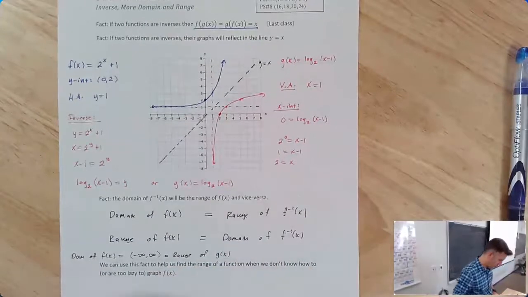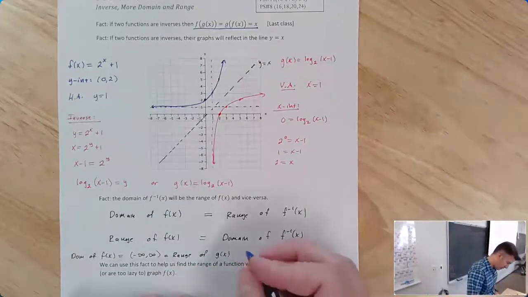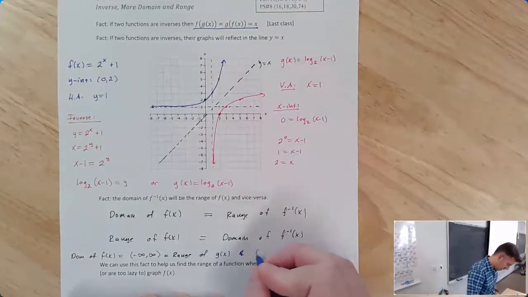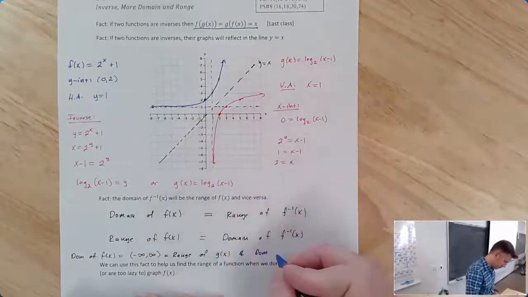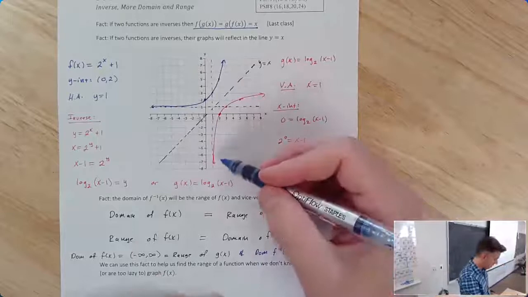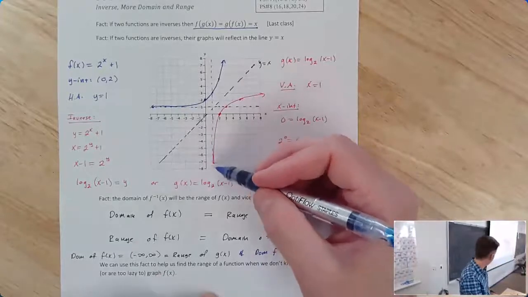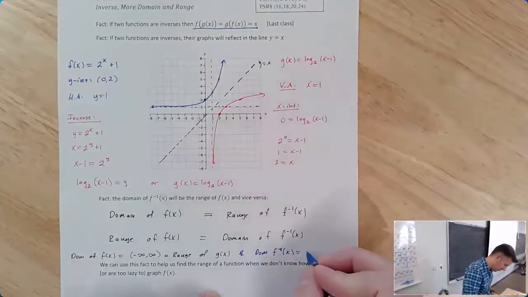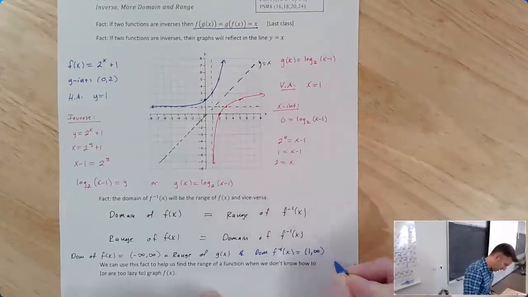And similarly, the domain of the inverse function, well, let's see, we don't quite get down to 1, but we start everything bigger than 1. So our domain there is everything from 1 to infinity. And that's the same as the range of the original function f of x.